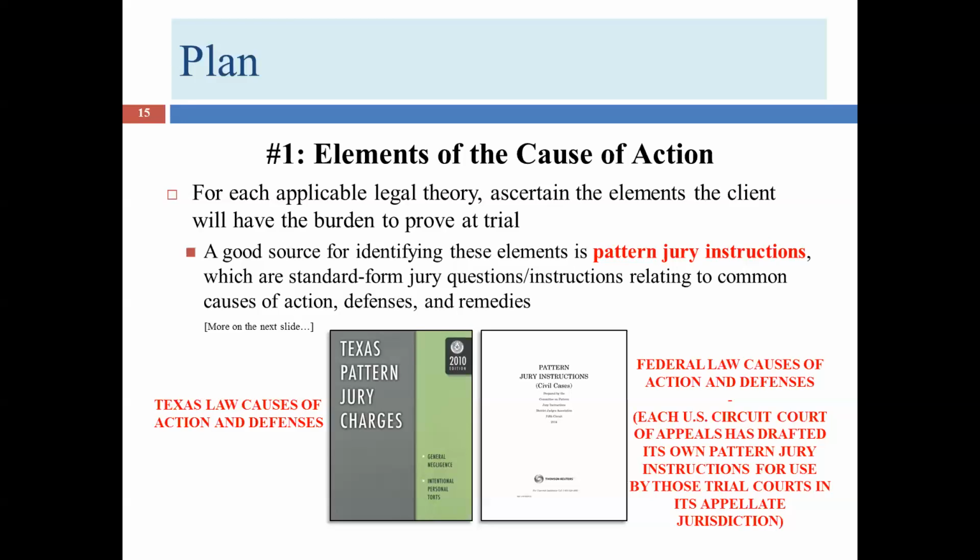Now, of course, there are federal bases for lawsuits. There are federal statutes, for example, that result in cases being filed in federal court. And so you do have pattern jury charges for those types of federal claims as well. But you'll see both used in federal court. Now, you may be thinking, gosh, that must be hard for the judge. Not really, because keep in mind that the federal courts are in a particular state.